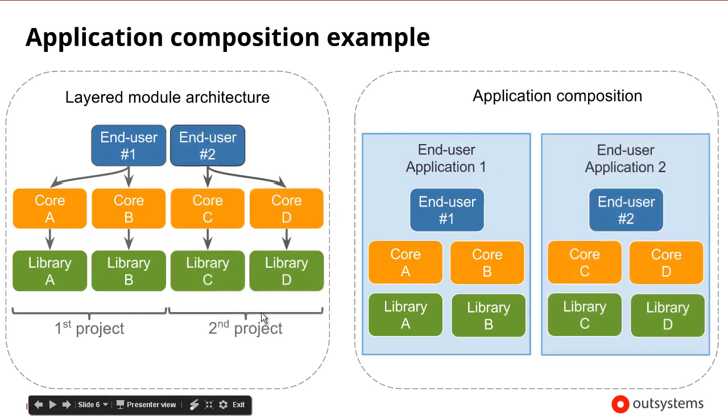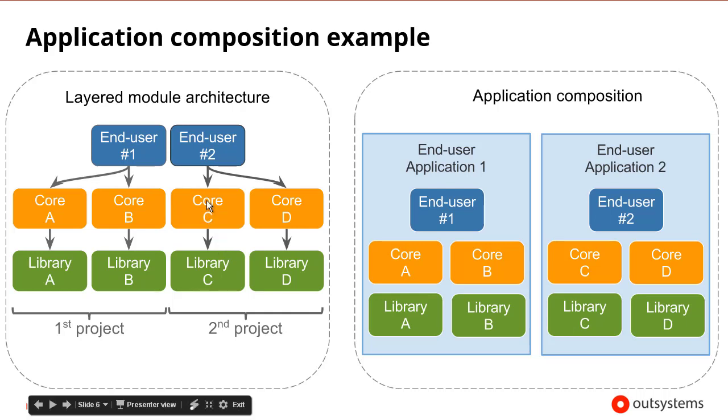Now, a second project comes along and it requires different functionality. So the modules have a different structure and can be placed inside of a second application. So far, so good, because each of these applications has a solid architecture and there are no references or relationships between the applications or any of the modules in those applications.